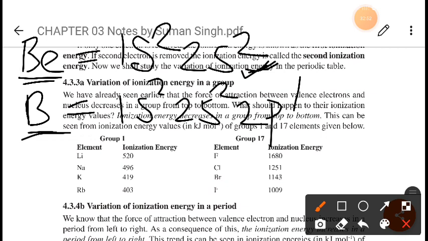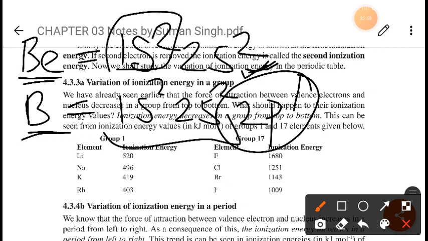As you can see here, this one is only shielding, but in this case these two are shielding, showing a shielding effect. That is why this is another factor why boron has less ionization energy.